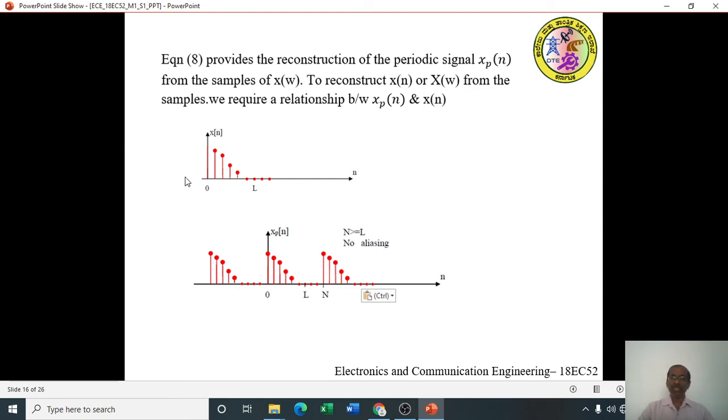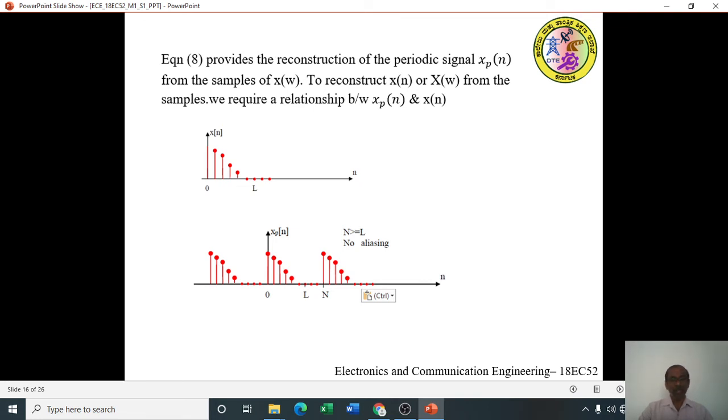So let us assume that I have a signal x of n with the length equal to L. Observe, I have taken some values like 5, 4, 3, 2, 1 followed by zeros. I will apply DTFT for this. My spectra will be continuous and periodic. I will sample that.